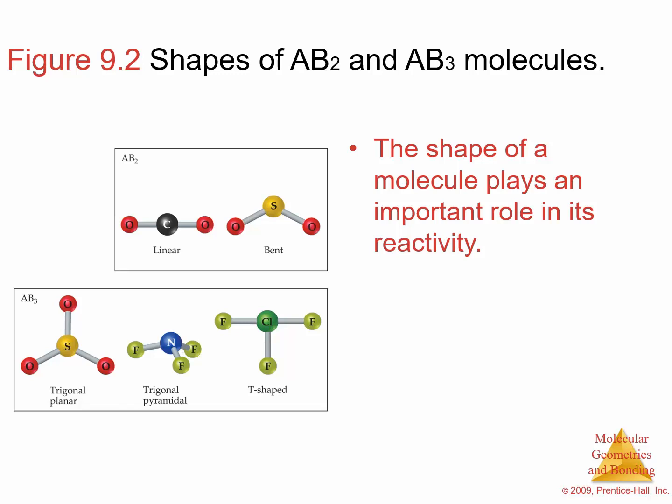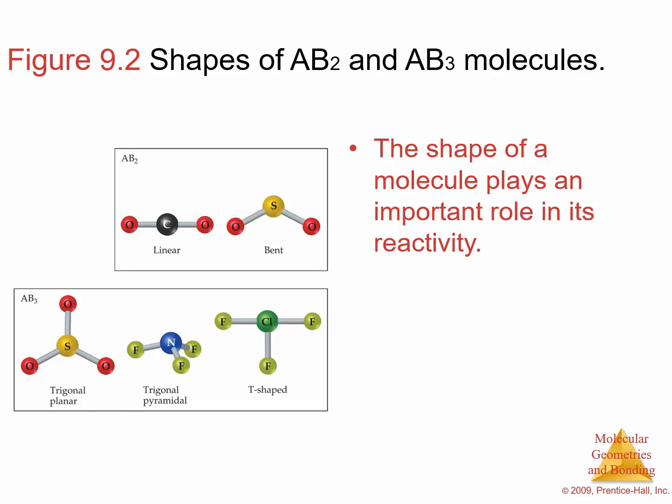Such molecules have the general formula ABn, in which the central atom A is bonded to n B atoms. Both CO2 and H2O are AB2 molecules, whereas SO3 and H3O+ are AB3 molecules, and so on.